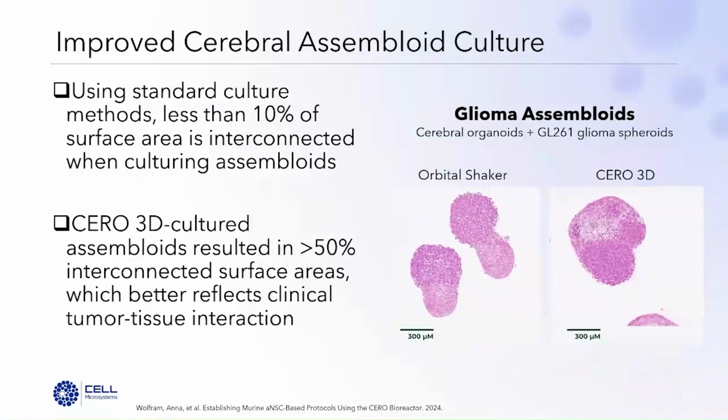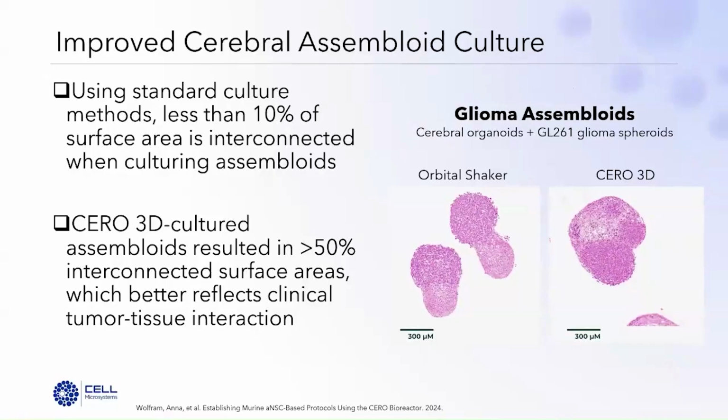So after developing their organoid models and characterizing them, they wanted to employ them in their more complex brain cancer modeling. To do this, they generated assembloids using the mature cerebral organoids and a GL261 glioma cell line, which they made spheroids from.